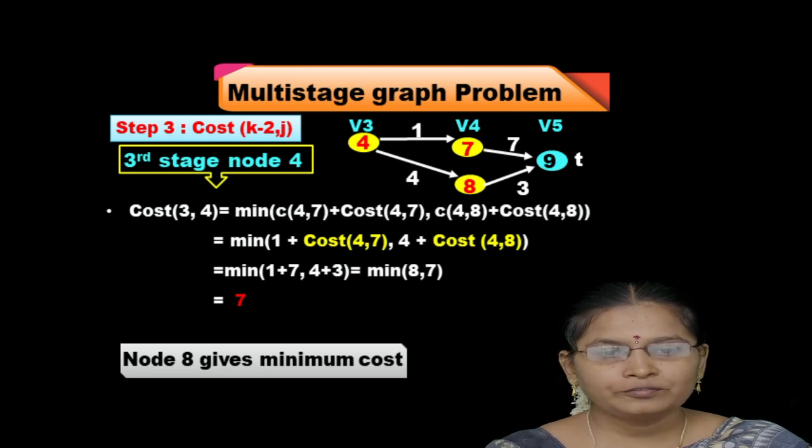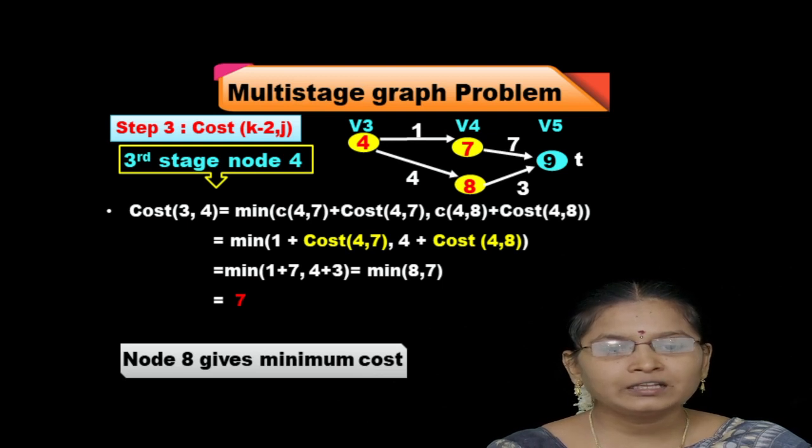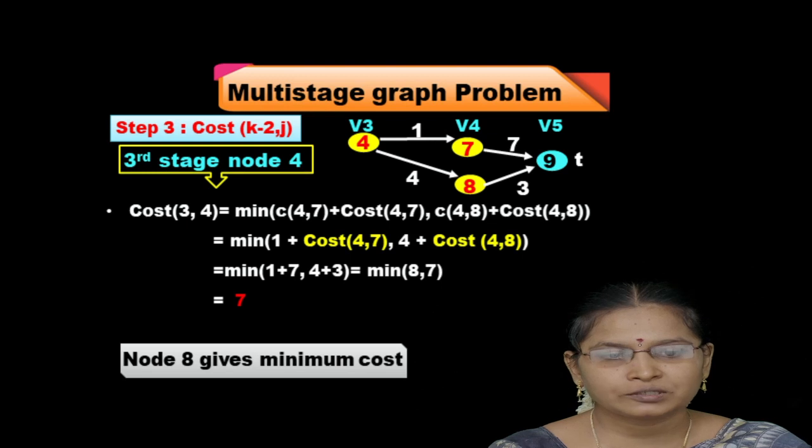Next we have to find the cost of k minus 2 comma j, that is, in the third stage. So we have to find the cost of nodes 4, 5 and 6.